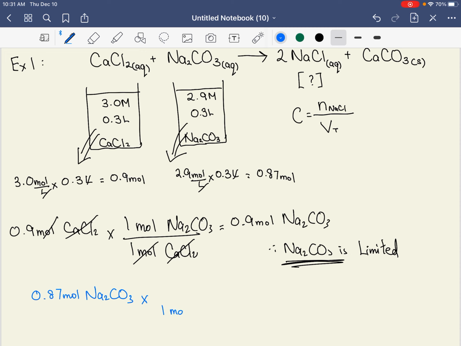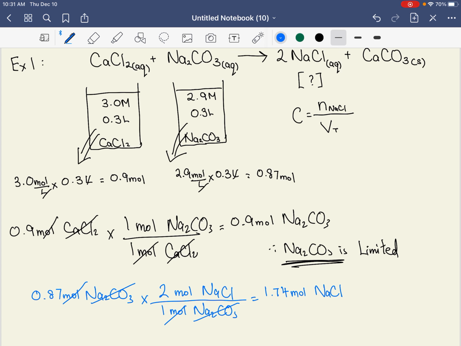For every mole of Na2CO3, you get 2 mole of NaCl. Mole and mole cancel, Na2CO3 cancel. And what you're left with, as I said, I don't want to be doing this in my head today, is 1.74 mole of NaCl. And you stop there. Don't change it to grams because there's no need to.